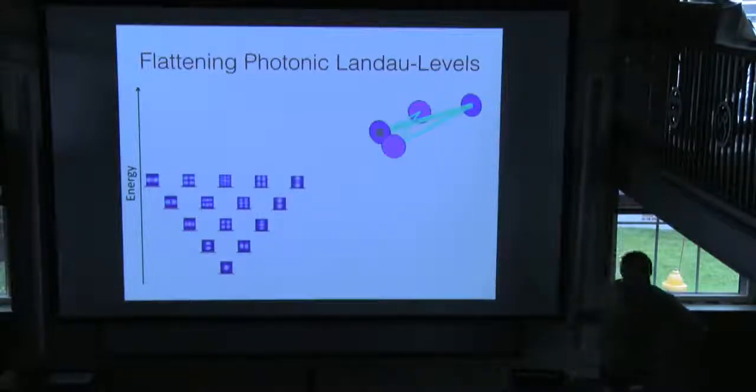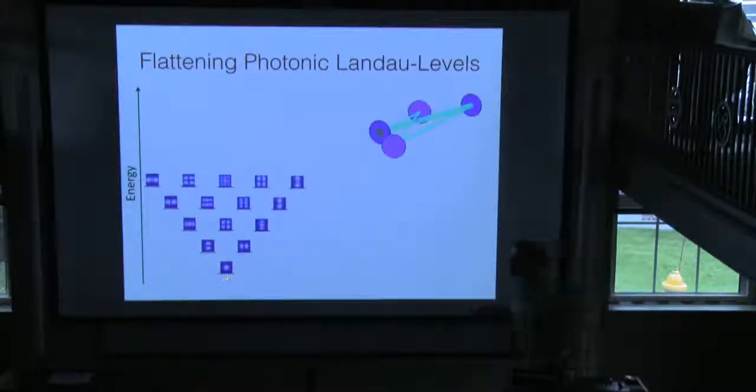If you have a planar cavity, you can think of a photon trapped in this cavity as having this kind of harmonic oscillator spectrum where you can have excitations along either x or y. Okay? And as I twist it, and I'm going to show you that shortly, these eigenmodes have to mix into Laguerre-Gauss modes, basically. Superpositions of these two that are this one plus i times that one and this one minus i times that one.